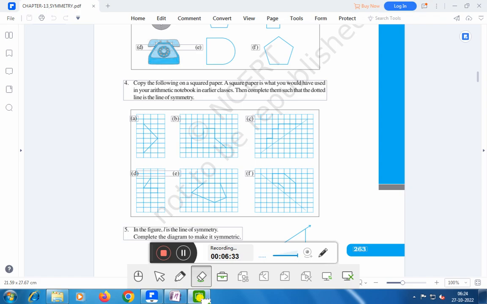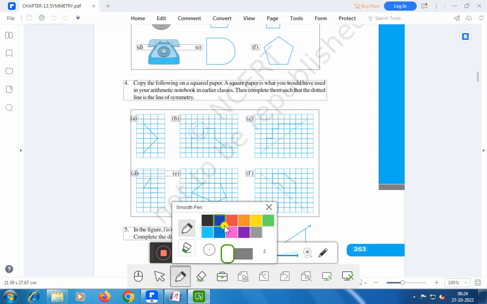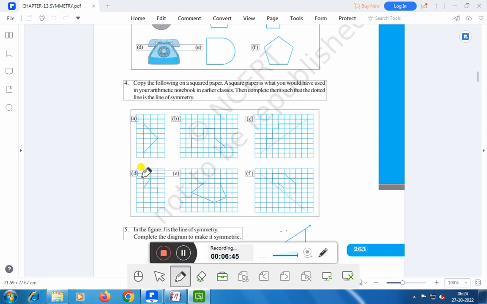Here we are trying to draw the line of symmetry, right? Let us draw the line of symmetry. That means you have to draw a line of symmetry like this. That means this length will be the same as that. If we draw a line here, right?